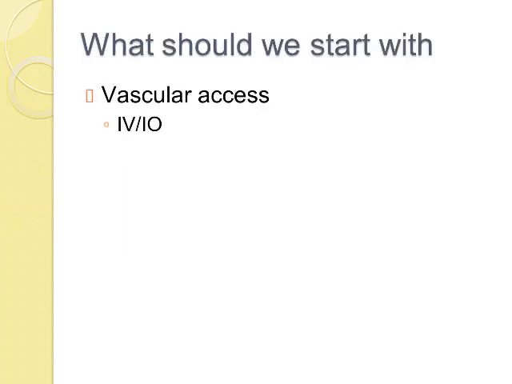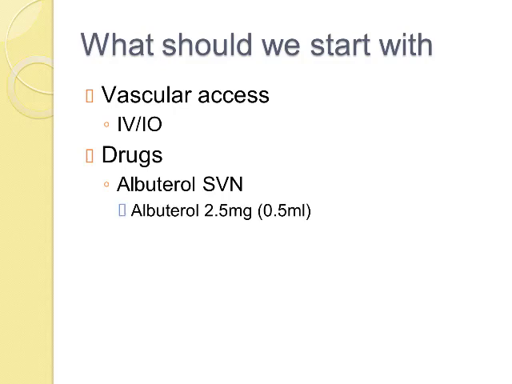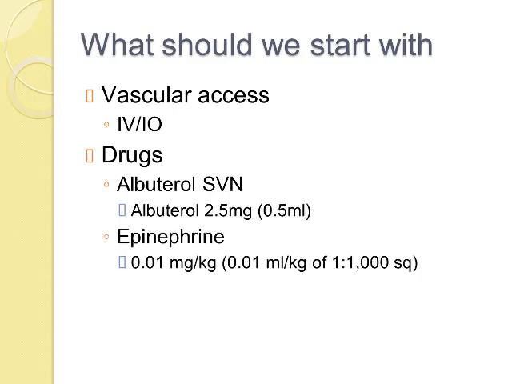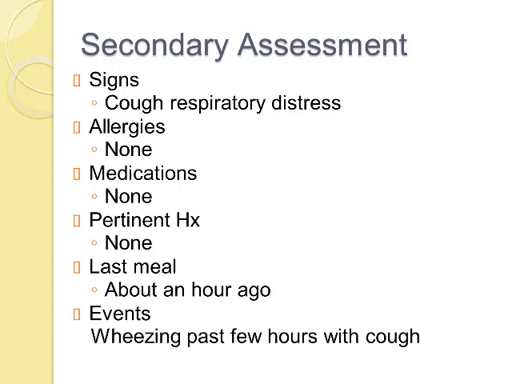We'll start with some vascular access, IV, IO, drugs like albuterol and Atrovent, maybe even epinephrine can be considered. SAMPLE history: one thing we gain out of here is that we've had cough for a little while now and wheezing for the last few hours.